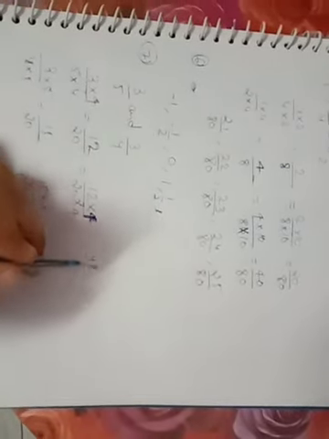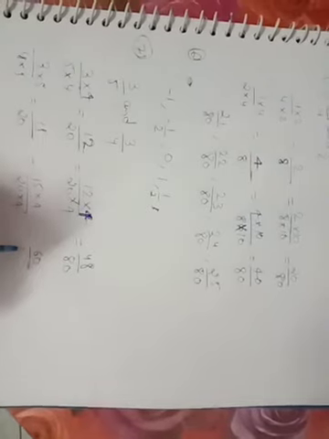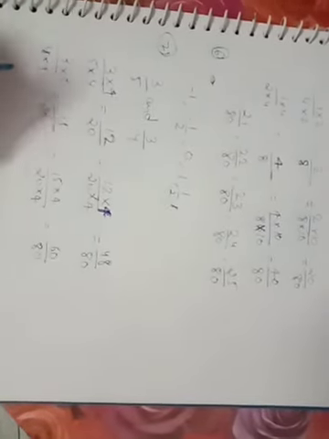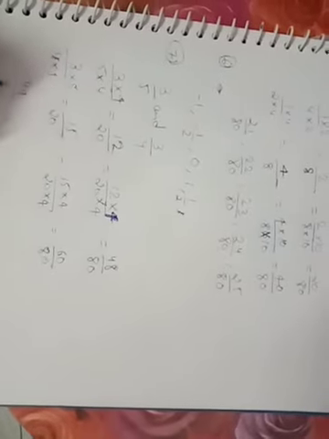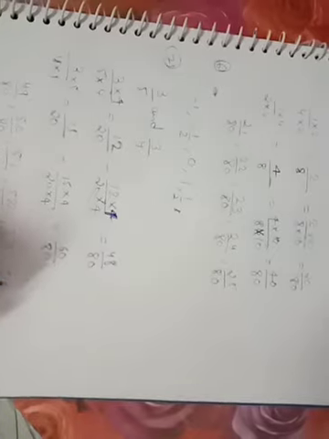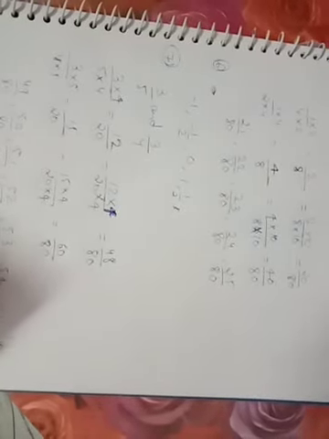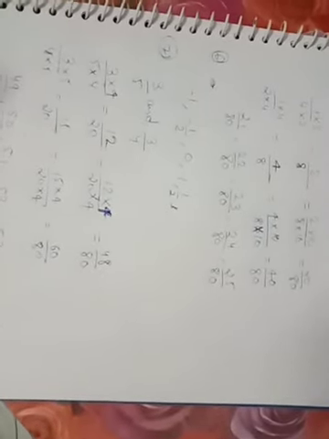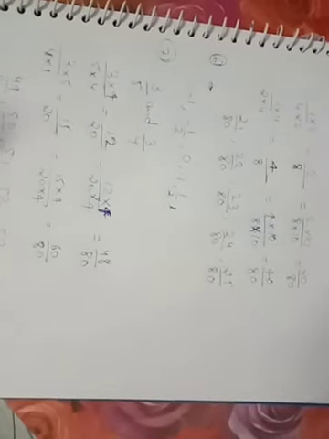So here 48 upon 80, 60 upon 80. So we will get 49/80, 50/80, 51/80, 52/80, 53/80, 54/80, 55/80, 56/80, 57/80, 58/80, 59/80.